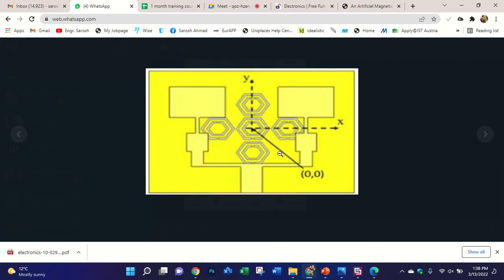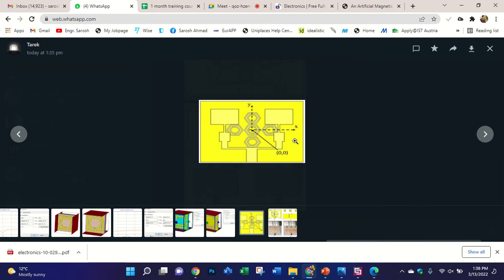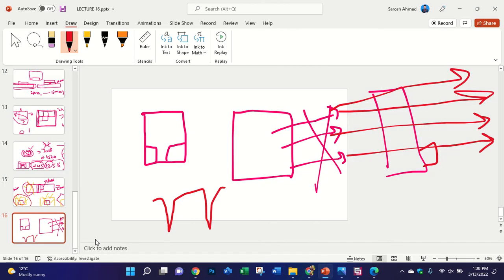Like here, they used SRR, maybe for isolation between the antennas. But I want to know, when I simulate these unit cells before I put them in the antenna, what boundary condition do I use in the port? Let me explain.